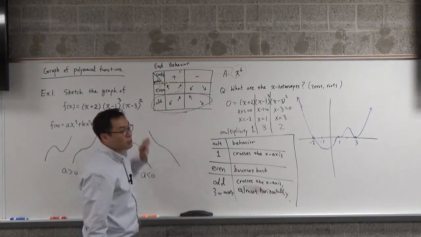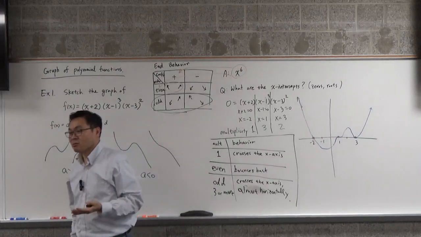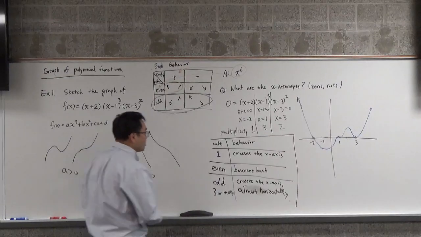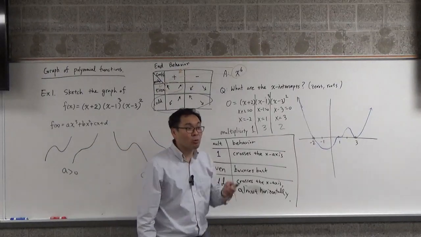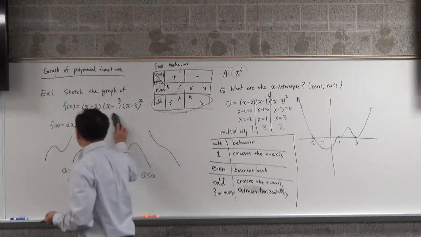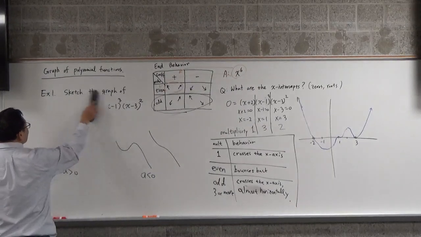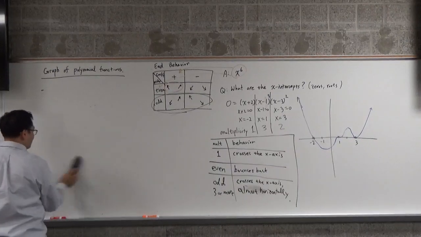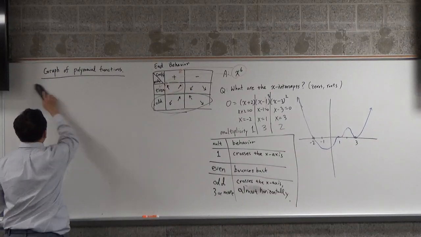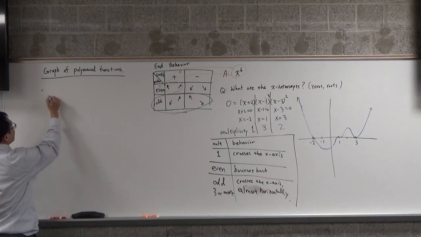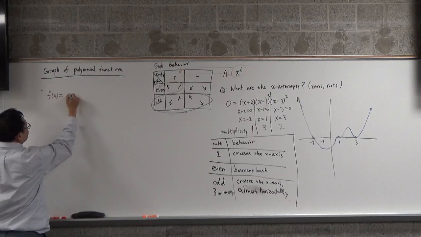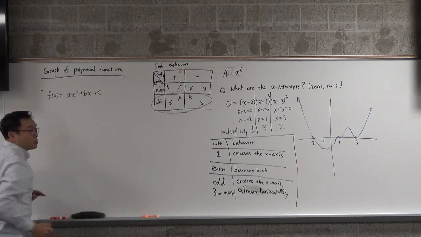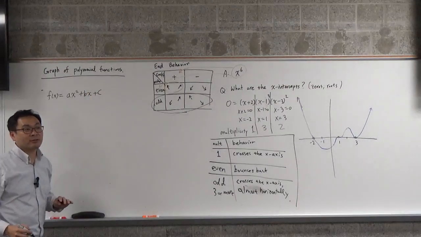Now, what about even? What's the simplest even polynomial you can think of? Order 2, right? What is that called? Quadratic, yes, quadratic function. So if you have a quadratic function, what's the shape of the graph?